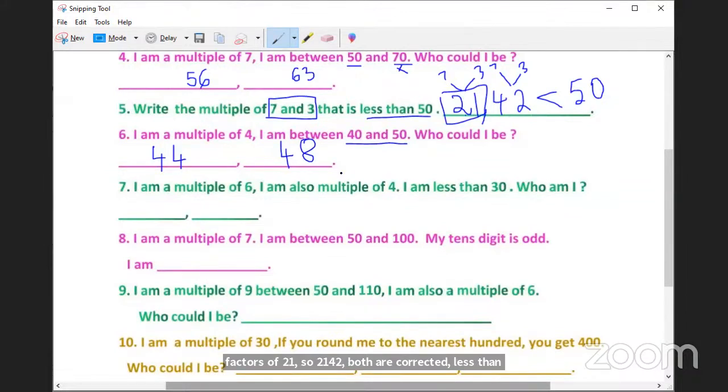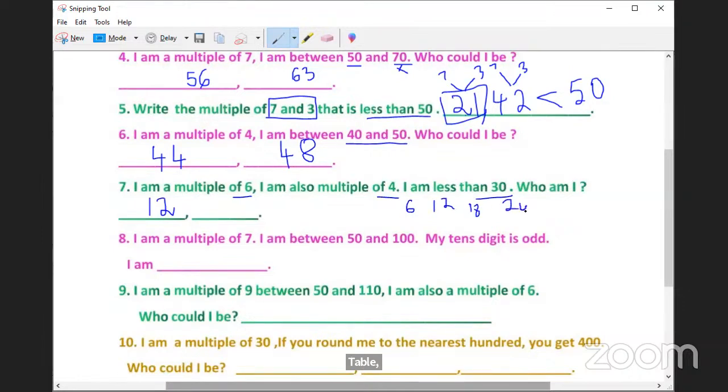I am a multiple of 6 and I am also a multiple of 4. It should be a multiple of both 6 and 4. And I am less than 30. So 12 is a multiple of 6 and 4. In the 6 times table: 6, 12, 18, 24, 30.